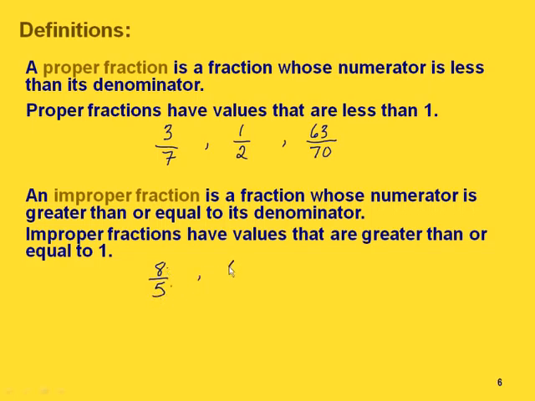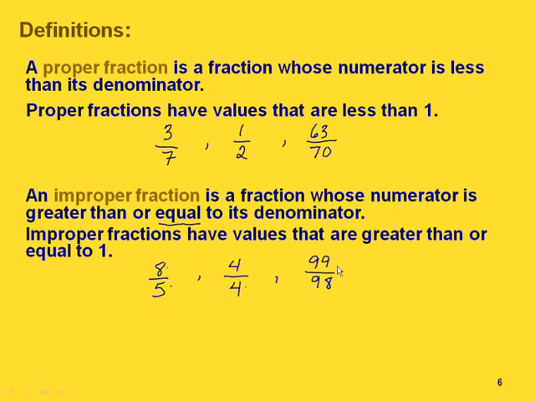Here's another improper fraction, 4/4. Notice the numerator of 4 and the denominator of 4 are the same value, but that was one of the possibilities, that the numerator is greater than or equal to its denominator. And one last one would be 99/98, because the 99 is greater than the 98.